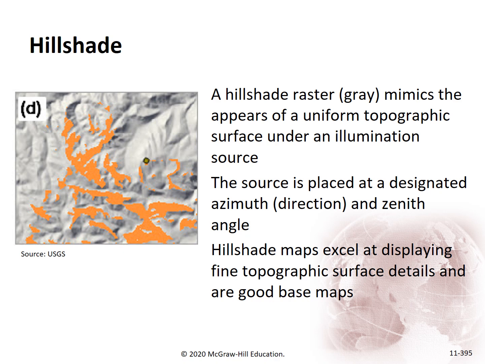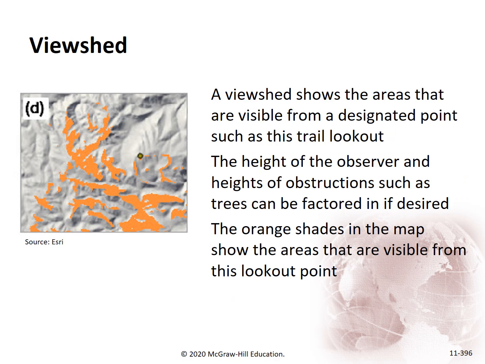In other words, it puts the shadows on the DEM from a fixed positioned sun. Viewshed shows you what you can see from a certain spot, assuming that the physical properties of the surface of the earth and whatnot block certain things.